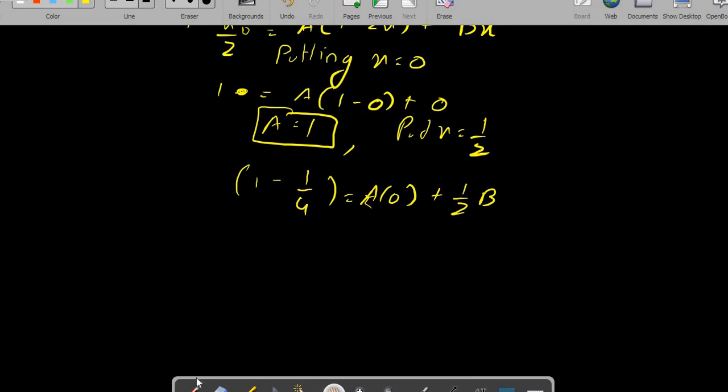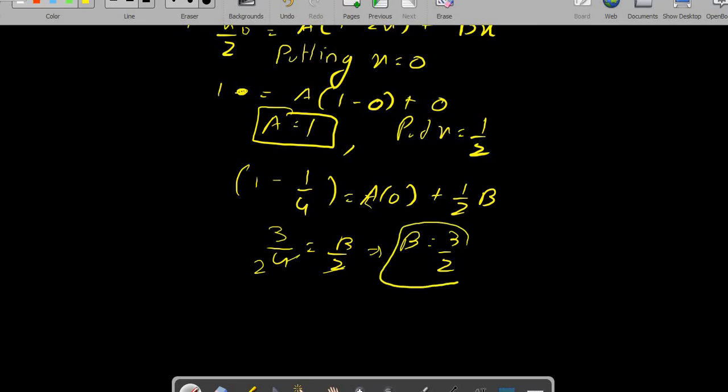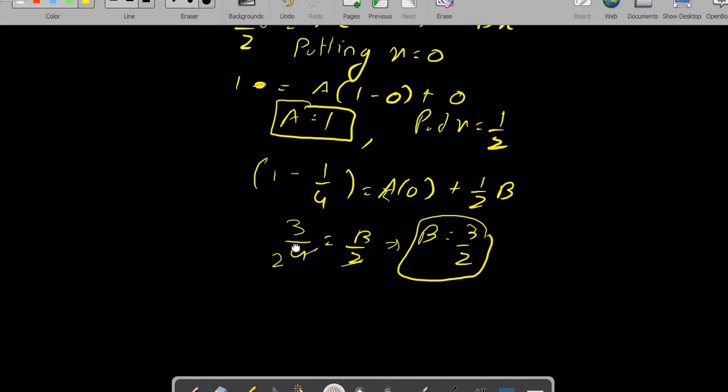And this would then become 3 upon 4 is equal to b by 2. So we can find the value of b is 3 by 2. Yes, now we have found both the values, that is 3 by 2 and 1. Now it's just a matter of time, and we are very close to our result.